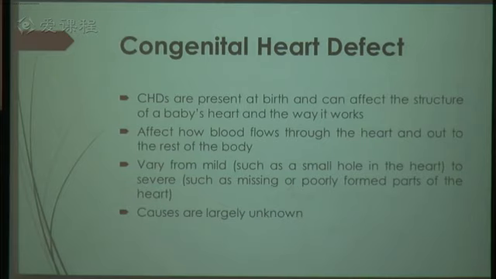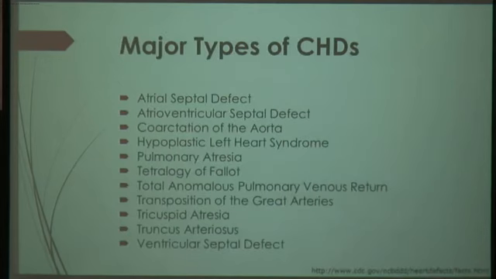As always, for most congenital heart defects, the causes are largely unknown. There are several major types of congenital heart defects. For example, atrial septal defect and all of these defects are related to a missing part or dysfunction of the valves, or narrowing of some veins or arteries.